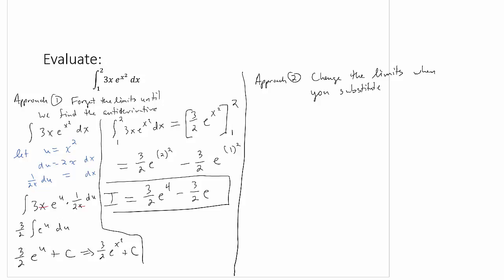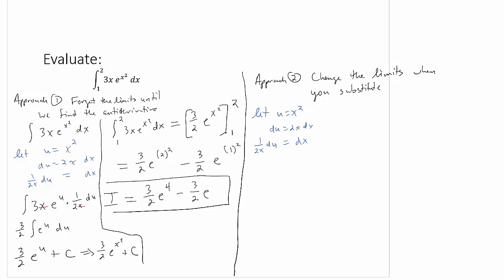So, if I make the substitution, if I let u equal x squared, with du equal to 2x dx, and dx then equal to 1 over 2x du.